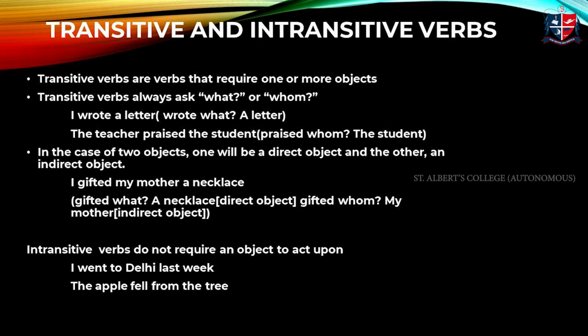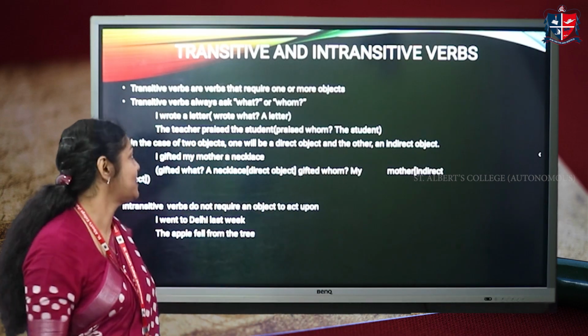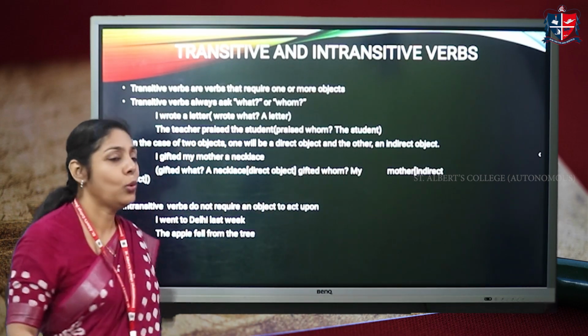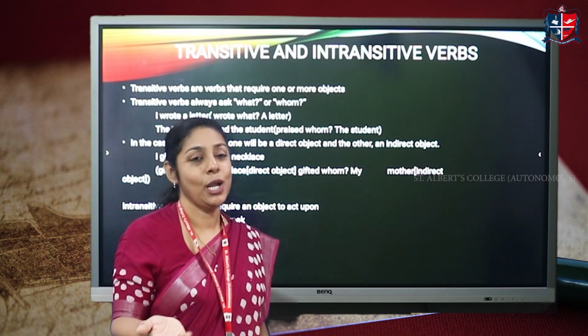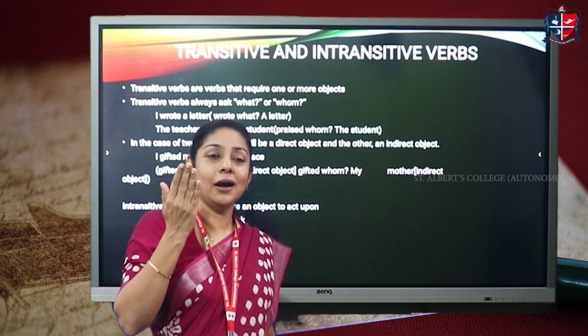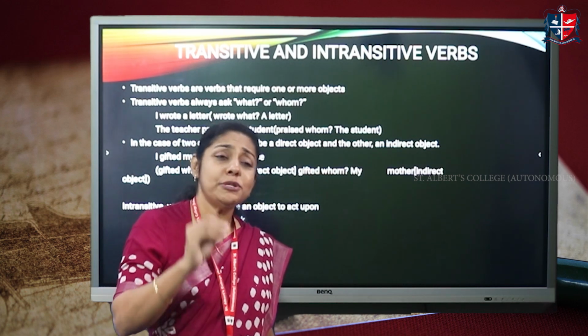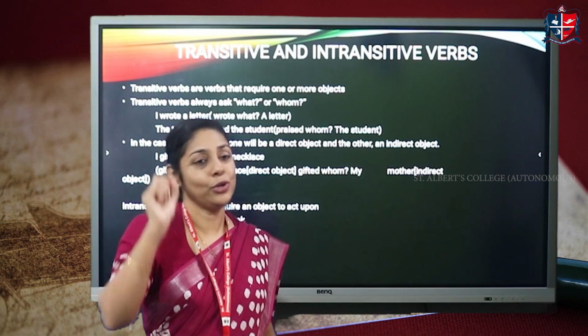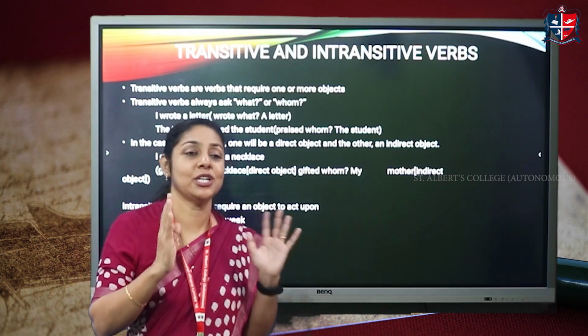Now, we would look at another aspect of verbs that's called the transitive and the intransitive aspect. We might have heard about transitive verbs and intransitive verbs. We always need to understand that for a verb to be transitive, it needs to have an object. Now, how do you understand whether a verb has an object or not?